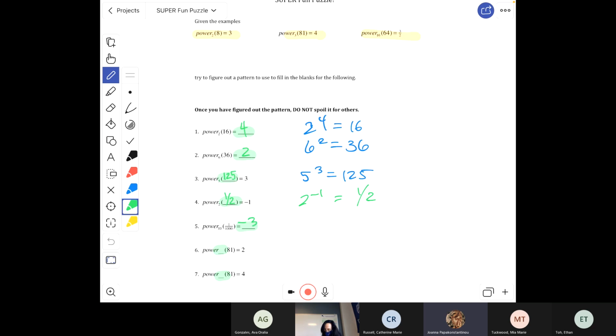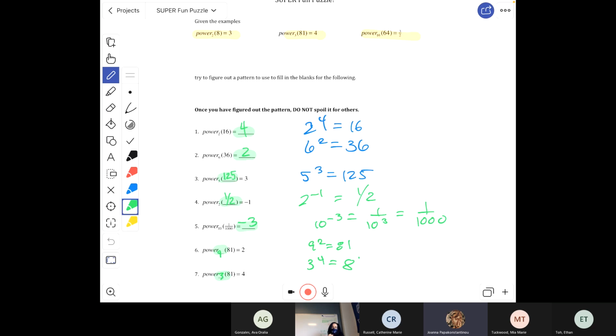Yes, it is -3. 10 to the -3rd is 1 over 10 to the 3rd. Number 6 is 9, because 9 squared equals 81. And last but not least, what is the fill in the blank? It is 3.